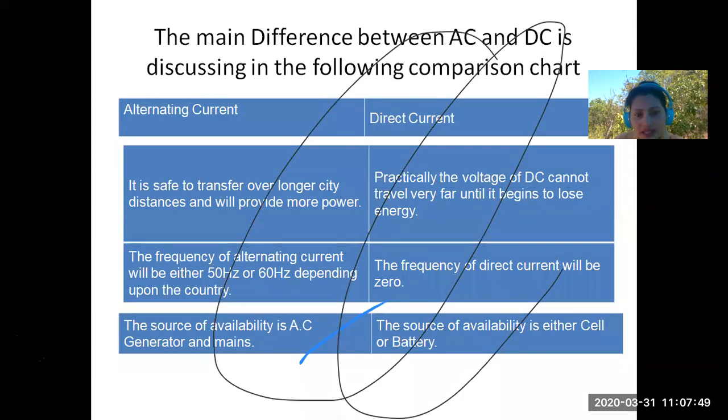The frequency of alternating current will be 50 or 60 hertz depending upon the country. We have 220 volts for our mains in India, but in different countries it is different. The frequency of direct current is 0. The source for alternating current is the AC generator and mains, whereas the source for direct current is a cell or battery.